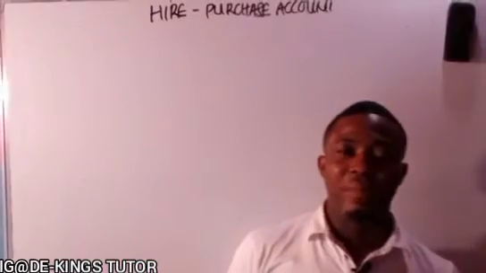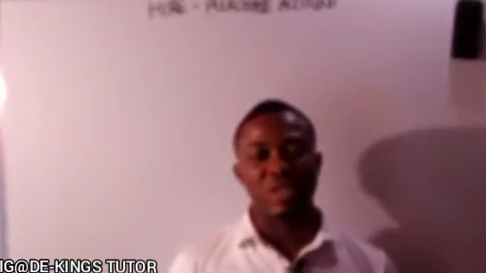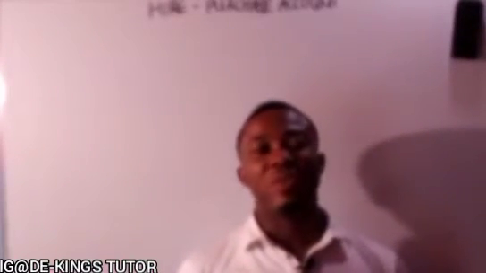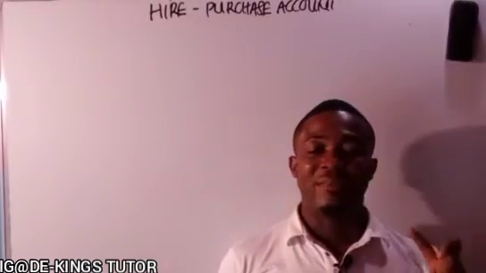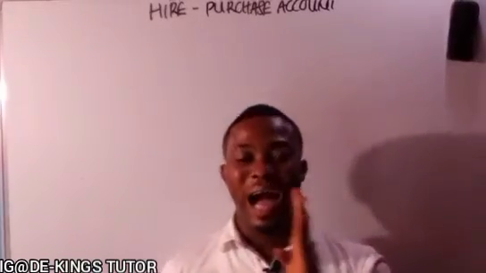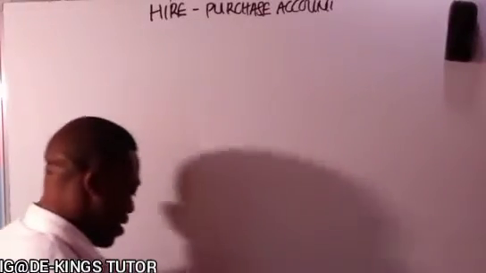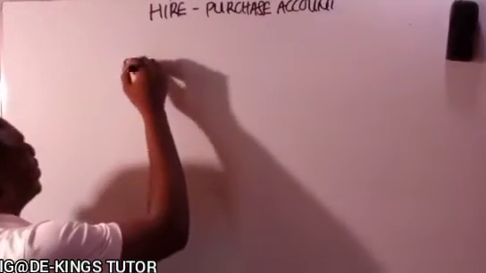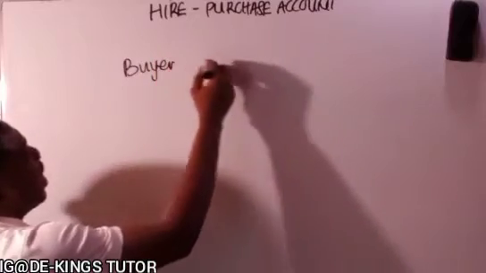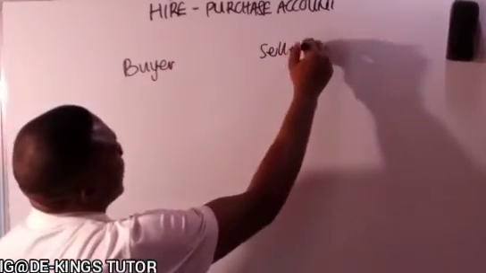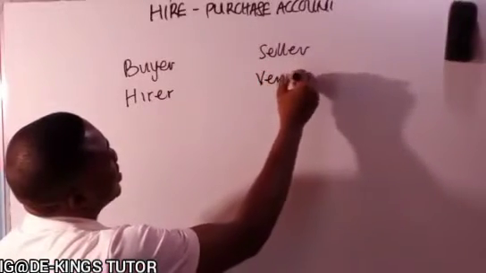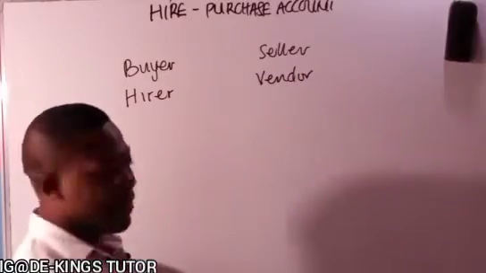Hire purchase is an aspect of the sale of goods. It is a contract that involves a hirer and a vendor. It can be a buyer and a seller. The buyer can be known as a hirer, while the seller can be called a vendor.